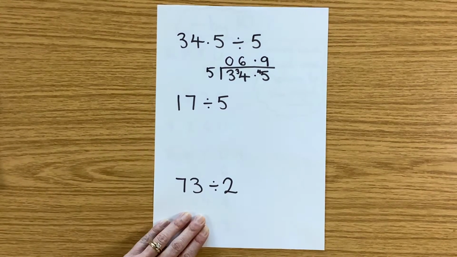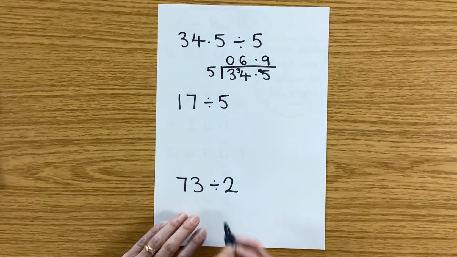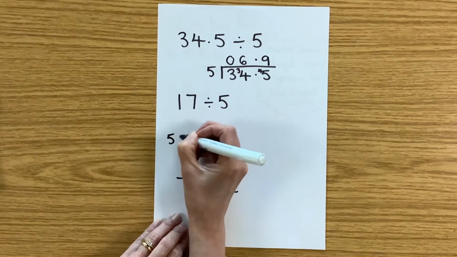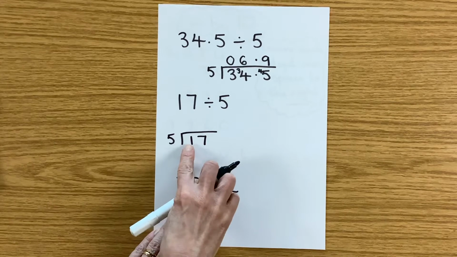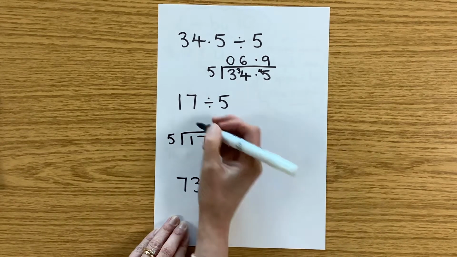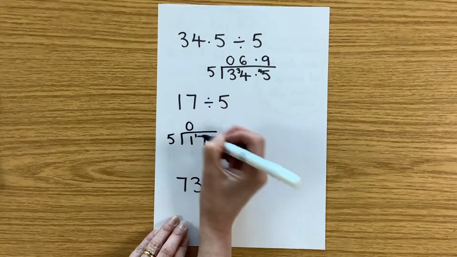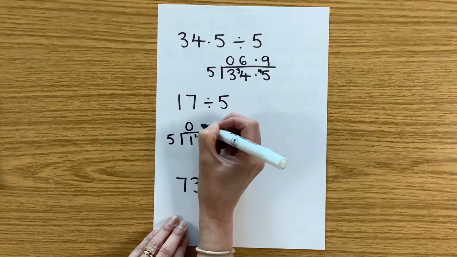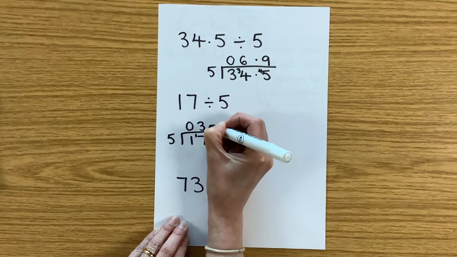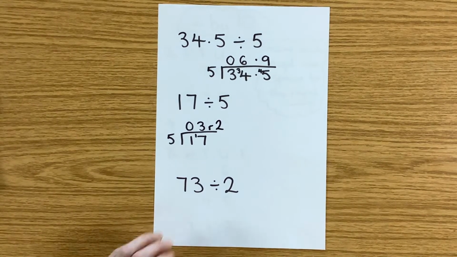Now, if I was to take this question, 17 divided by 5. So I'm dividing by 5 and I've got my 17. Well, I would say 1 divided by 5, can't do. 17 divided by 5, 5, 10, 15. Remainder 2.